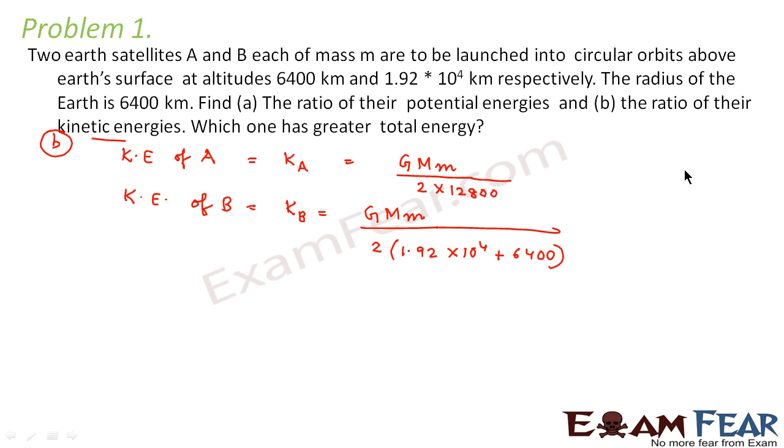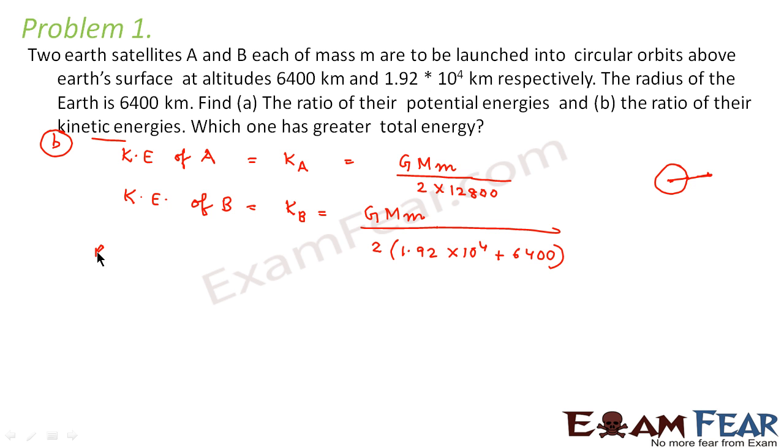As I already explained before, let us suppose this is the Earth. So this is the radius of the Earth, right? And let us suppose this is your satellite. So this distance plus this distance would be the total R. That means the total distance of the satellite from the center of the Earth. That means it is the radius of the Earth plus the height of the satellite from the surface of the Earth. So we applied the same rule for A as well as B.